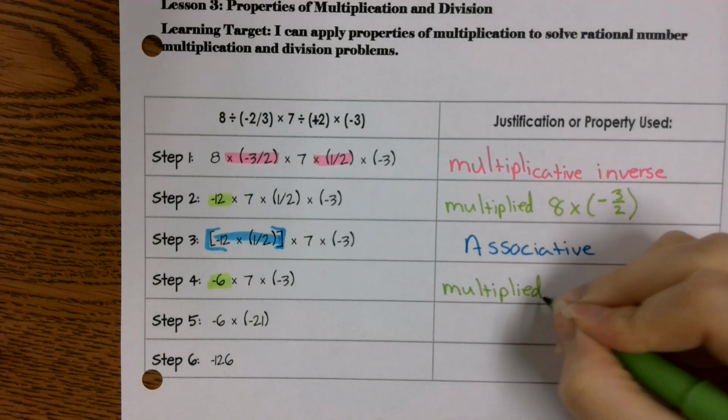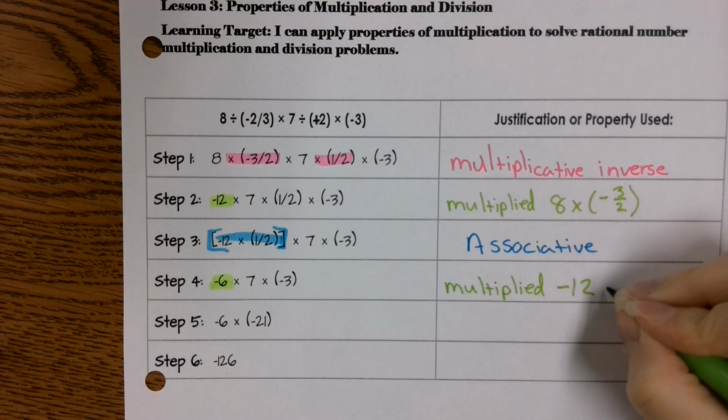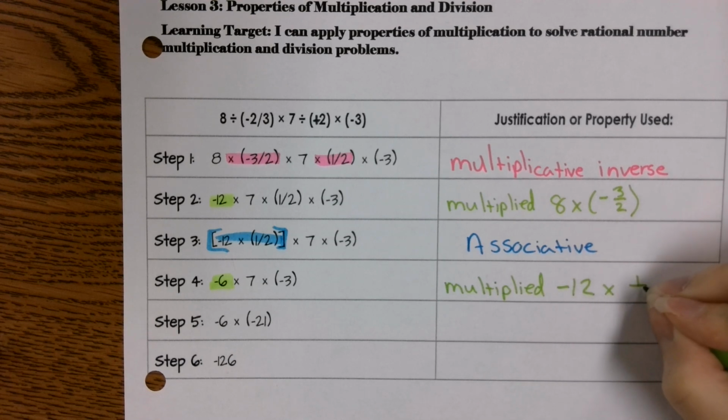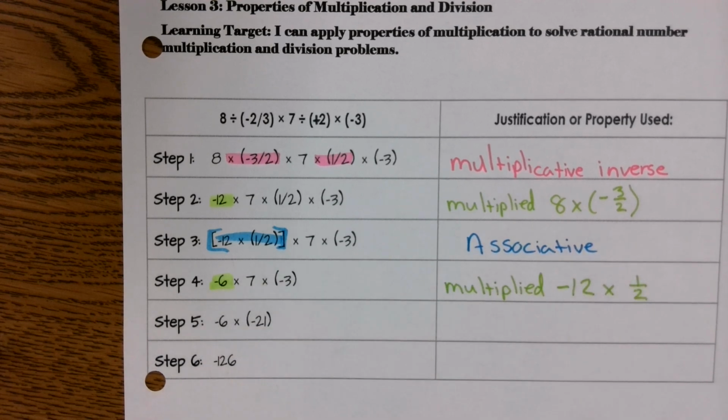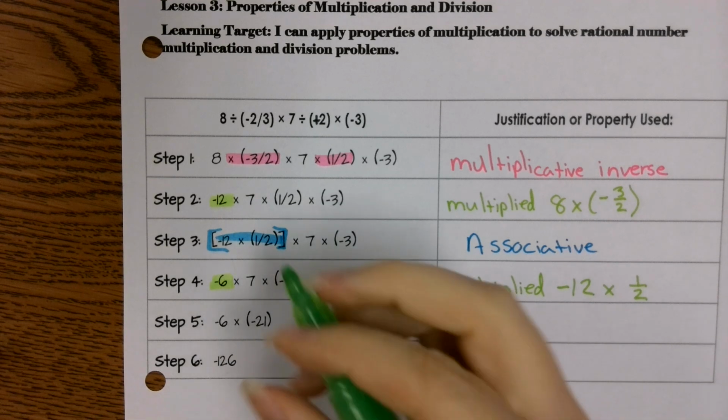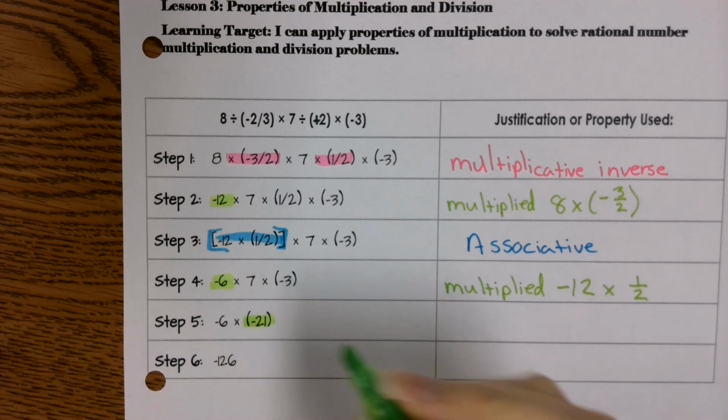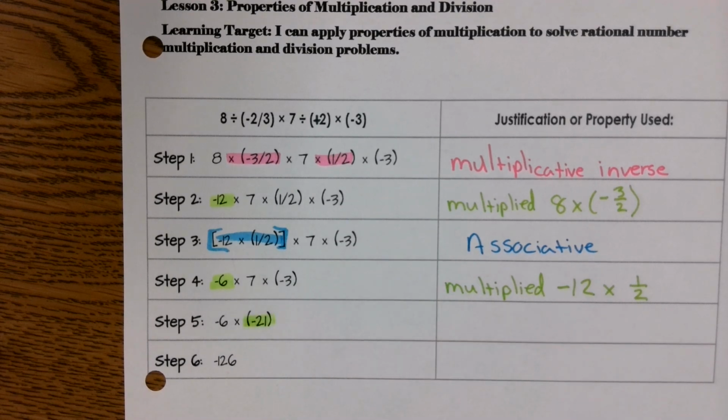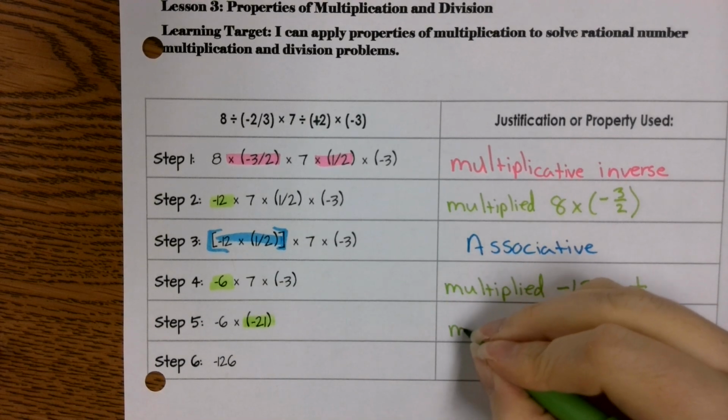Now we went from negative 6 times 7 times negative 3 to negative 6 times negative 21. Again, it's just multiplication. This negative 21 has become a new value, so we're just multiplying here.